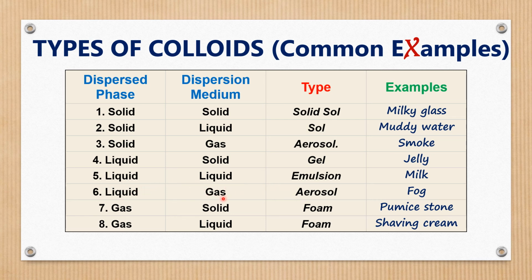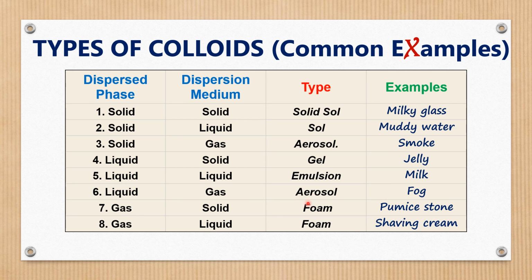Here the dispersion medium is the same, gas, but the dispersed phase is liquid. That is also called aerosol. Examples are fog, mist and clouds.